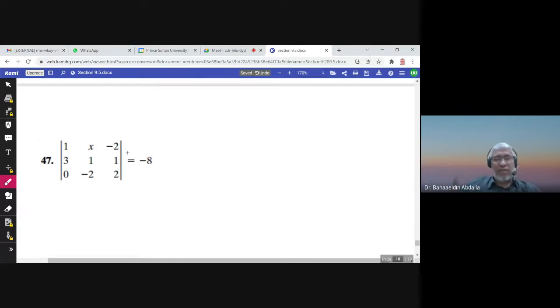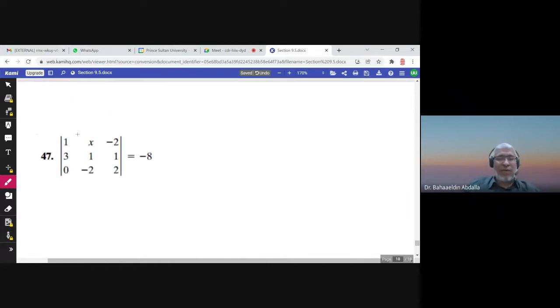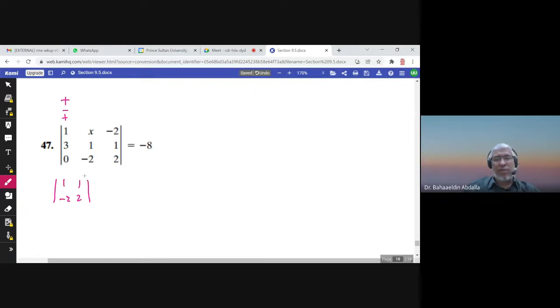Solve for x. Well, I evaluate the determinants. To evaluate the determinant, let me expand using the first column. So 1 times 1, 1 minus 2, 2. Delete the row and the column.